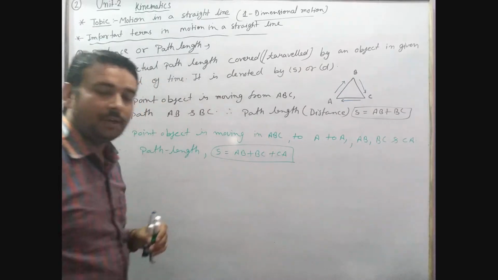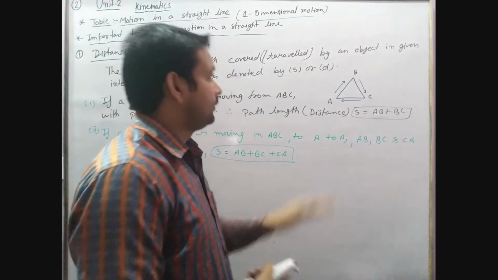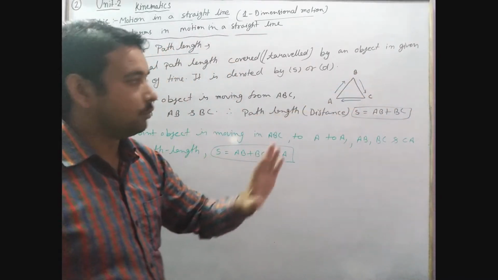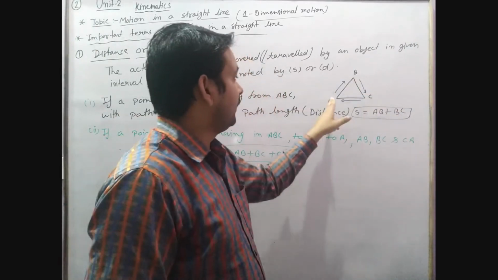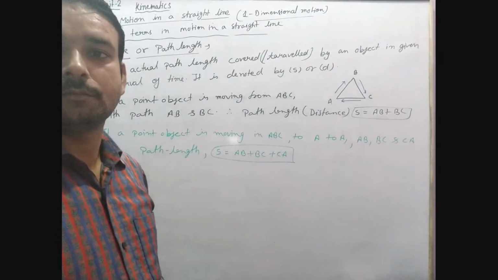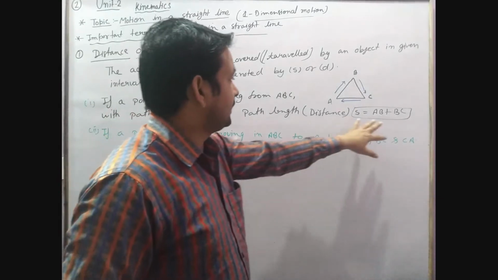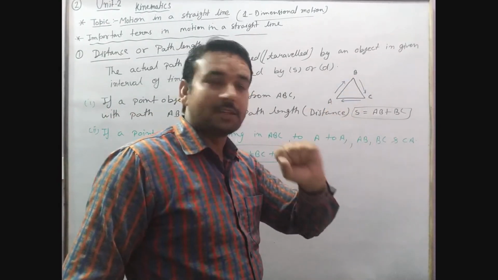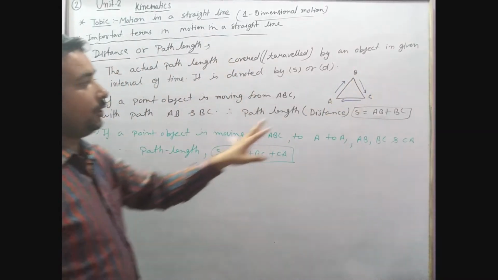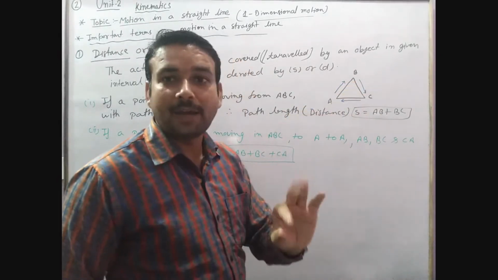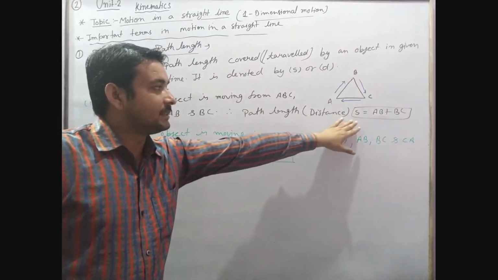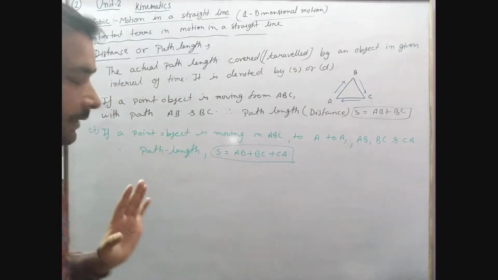This means the distance traveled by the object, whatever the time taken by it, is equal to the path covered by it. If it goes from A to C, it follows the path A to B and B to C. Similarly, if it moves from A and returns to A by following the path A to B to C and C to A, then in both cases this is the total path covered by it, okay.